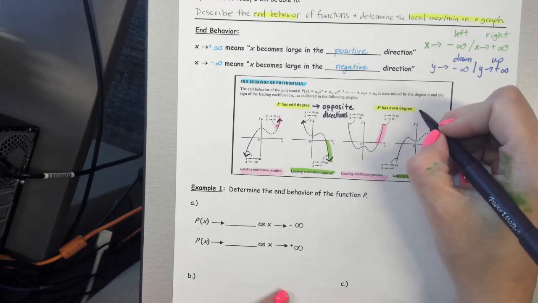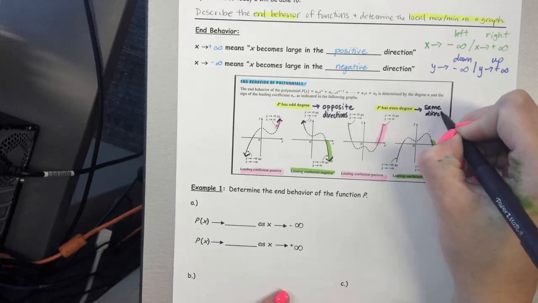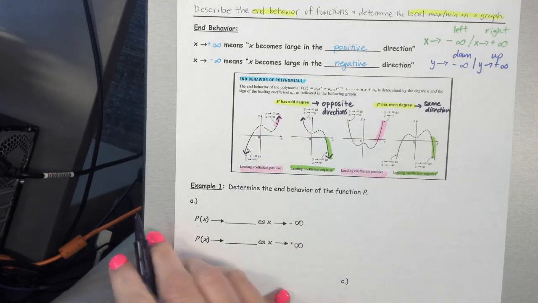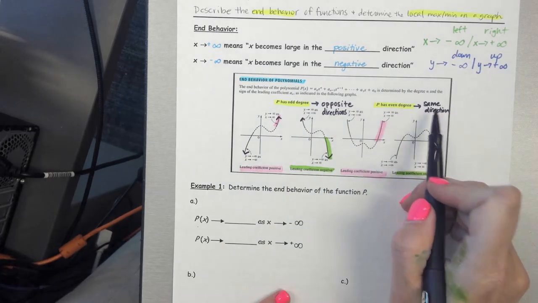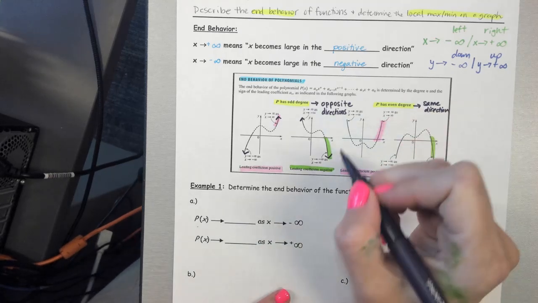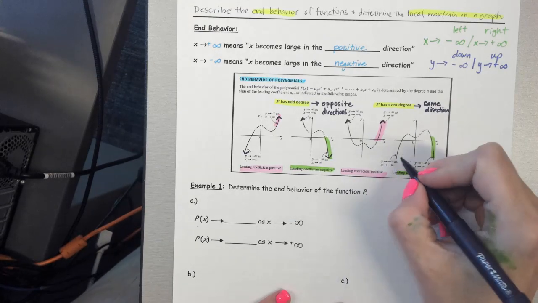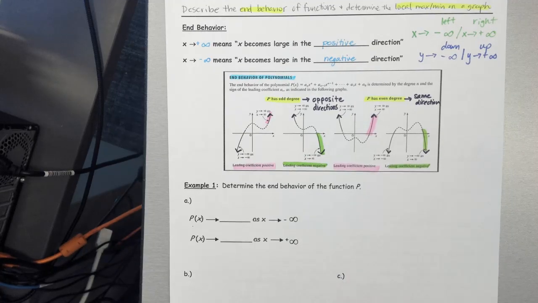For an even degree, it is going to go in the same direction. And I remember that because odd and opposite both start with O, and then you can think about if something is even and you split it up, everybody gets the same amount. So even is the same, odd is opposite, and if one side goes up, the other side follows. If one side goes down, the other side follows.